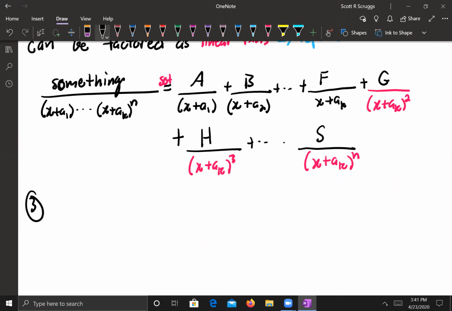So case 3 is now when it starts to get a little bit more complicated. Let's say I now factored my denominator, and in my denominator I have an irreducible quadratic.